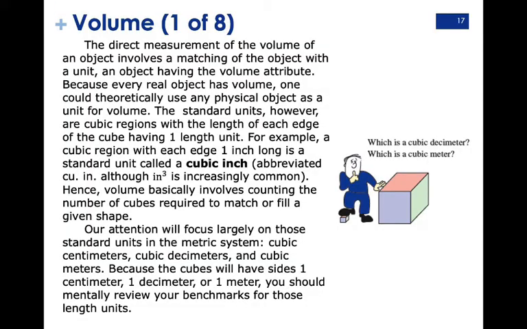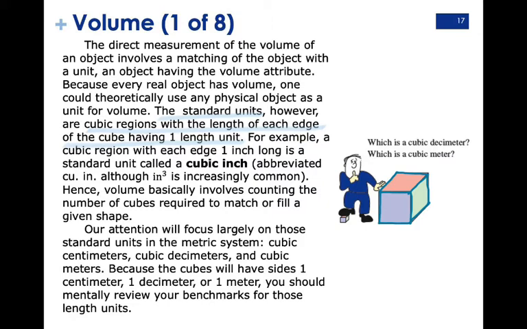So let's look again at our standard units here. For volume, we could look at an actual cube, something that is 1 unit long. We'll go 1 unit by 1 unit by 1 unit, and it'll create this cube.